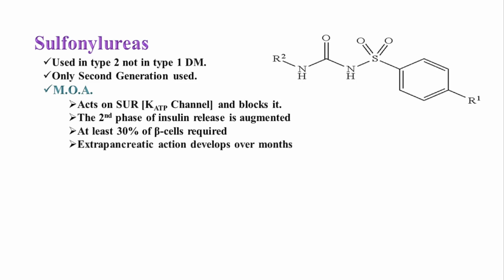Now, apart from this, sulfonylurea also has an extrapancreatic action, and this takes some time to develop. The extrapancreatic action is basically the reversal of the down regulation of insulin receptors, so now the insulin receptor numbers increase.